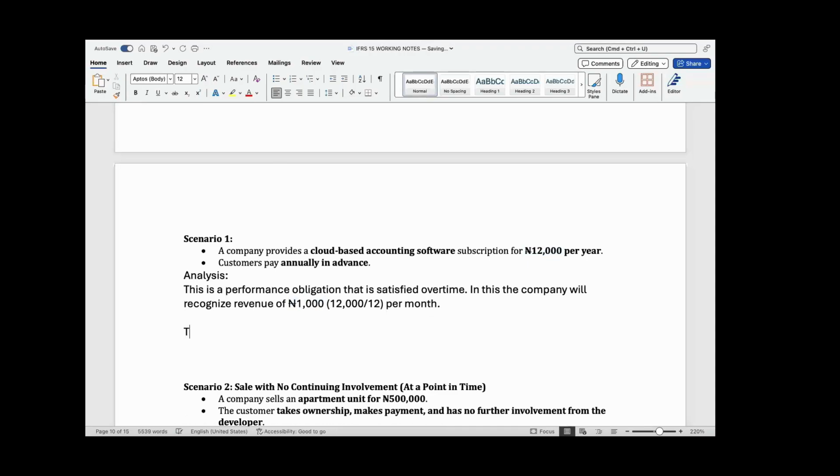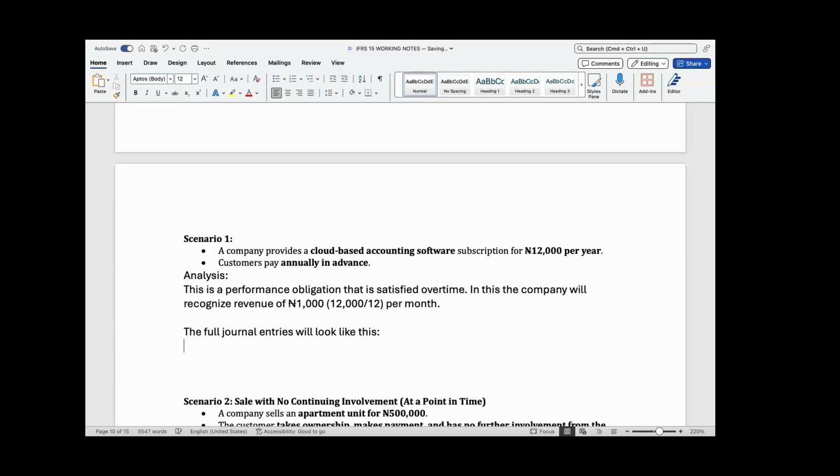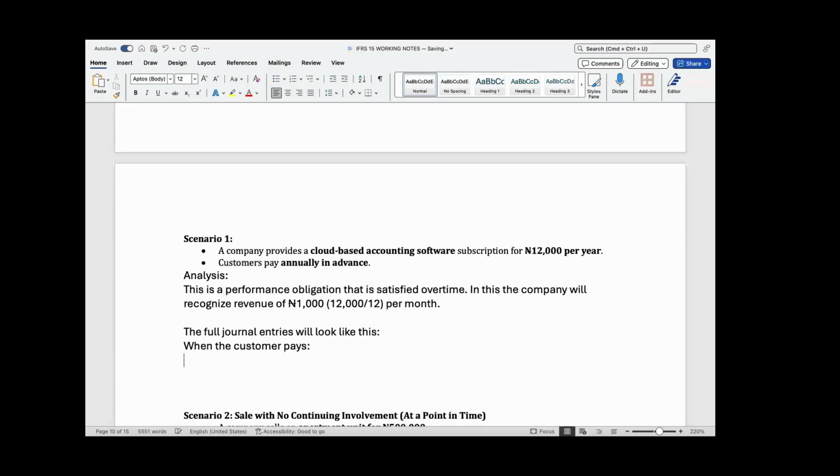So you see, the full journal entry will look like this. You might not be required to do this in the exam, and you might. When the customer pays, we'll simply debit bank with that 12,000 that we collect, and we'll credit contract liability with that 12,000.